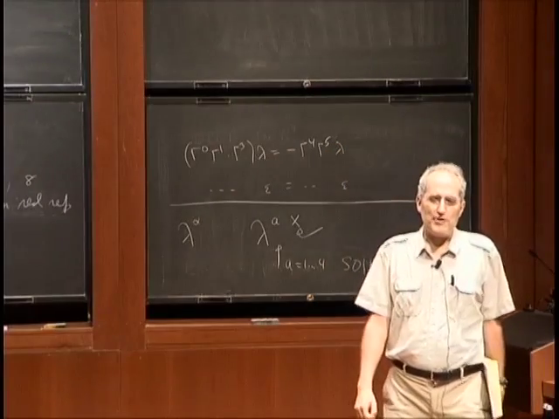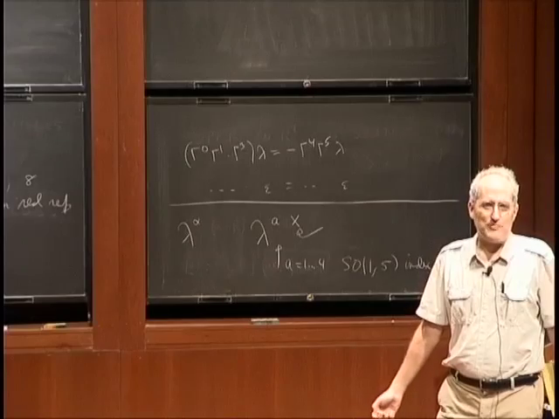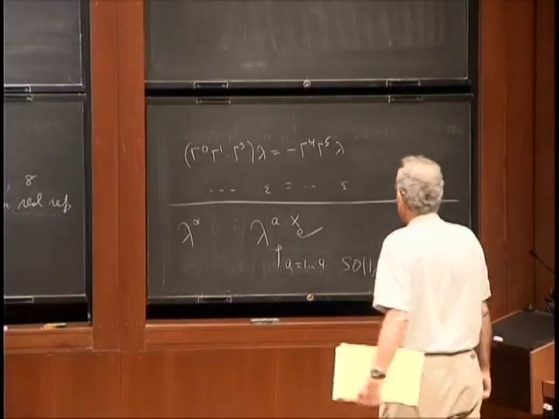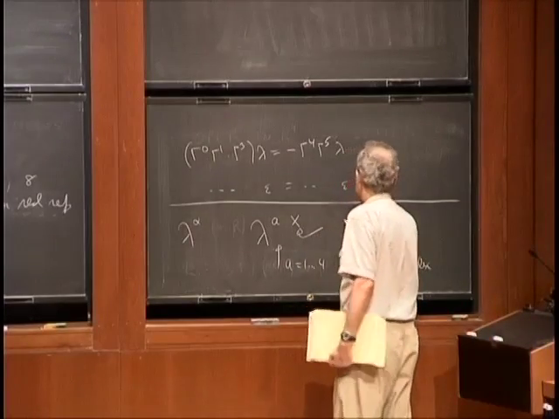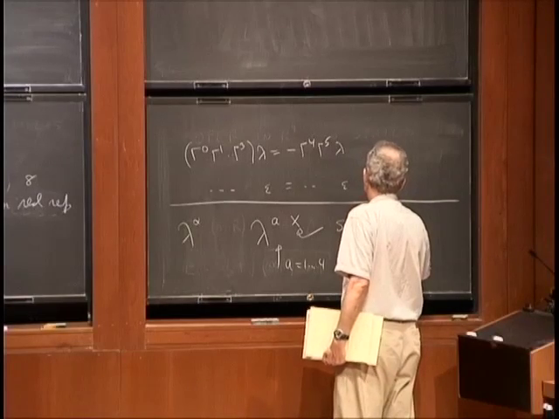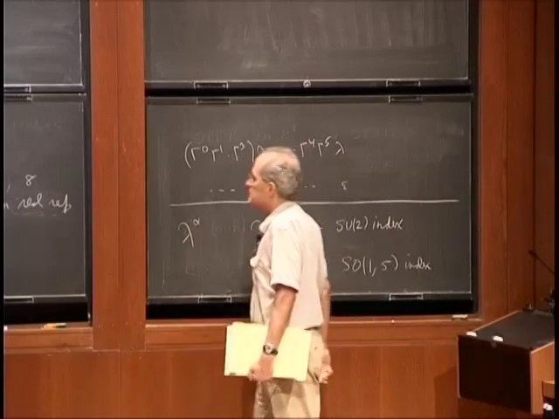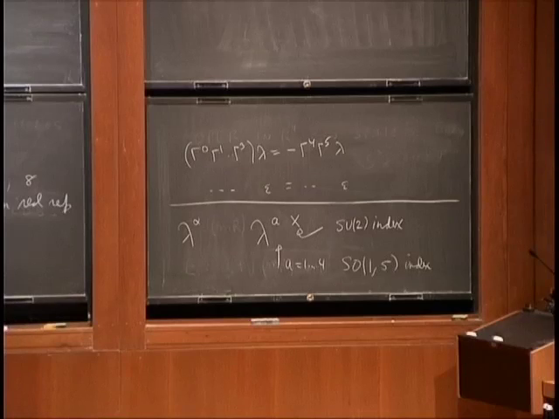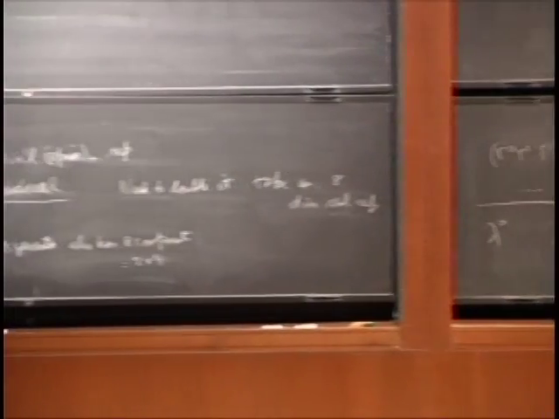But now that we've doubled it, there's a group, SU2, that could act on lambda commuting with SO15. So we think of x as an SU2 index. So we could write this in more detail.